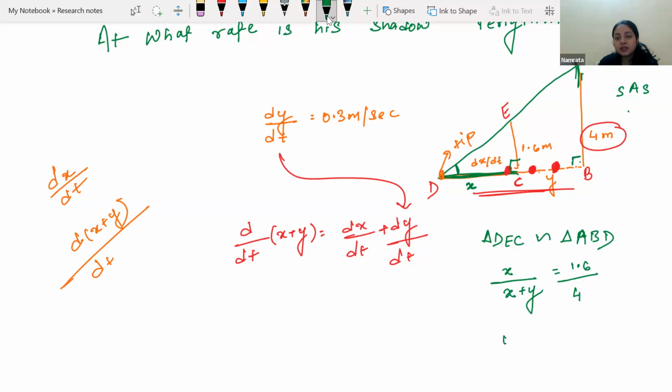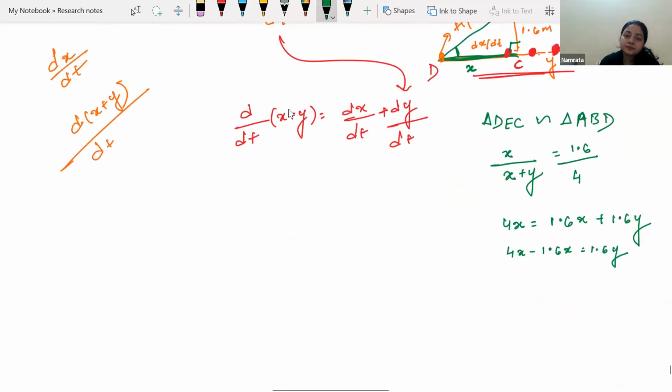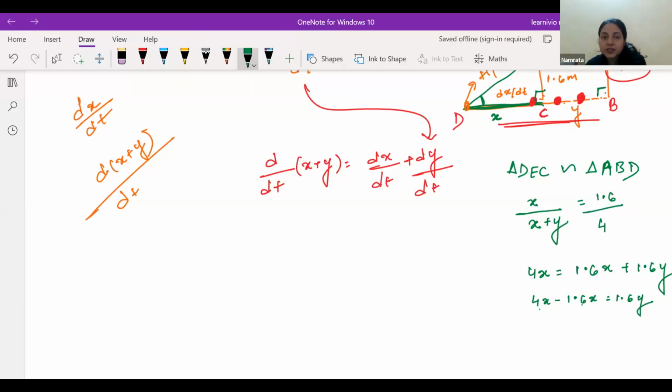Let's simplify it. Here we'll be having 4x is equals to 1.6x plus 1.6y. This 1.6x we need to just shift it over here. 4x minus 1.6x is equals to 1.6y, which will be 4 minus 1.6. Let me know what we will have. 4 minus 1.6 is what? Quickly. 4 minus 1.6.